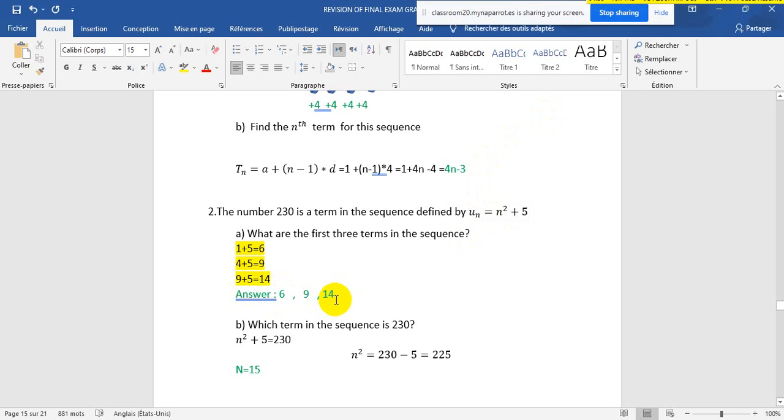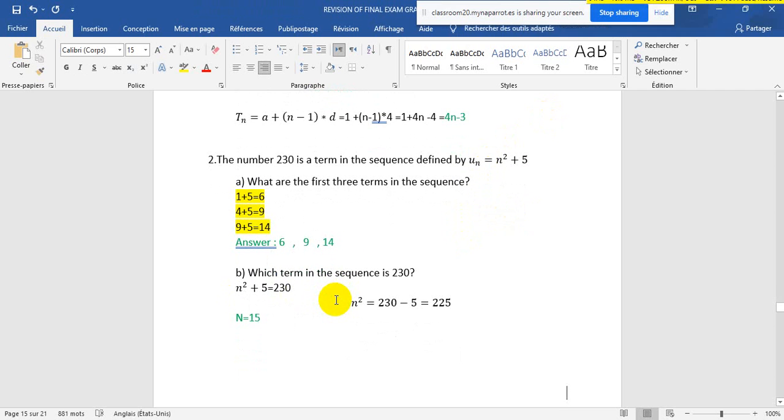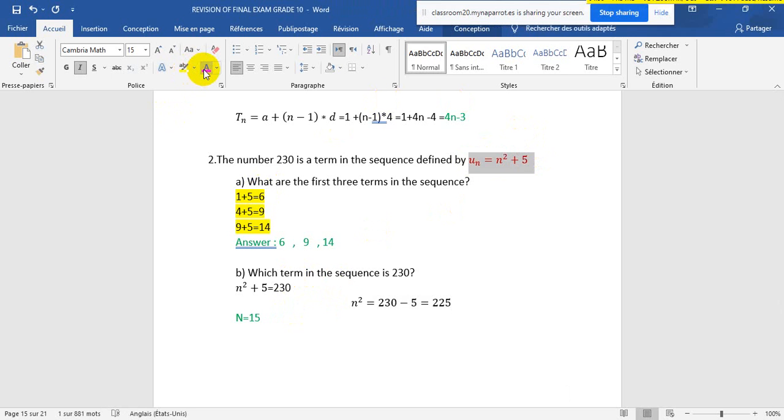Let's see sub-question B: which term in the sequence is 230? This is your sequence, isn't it? Just put un as 230.